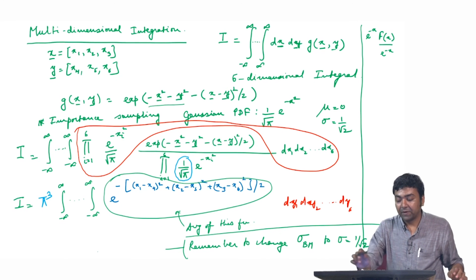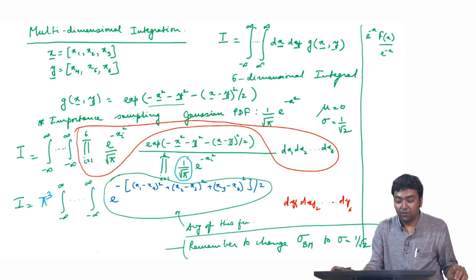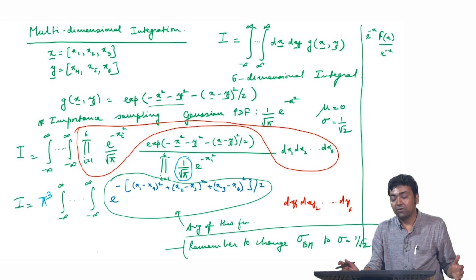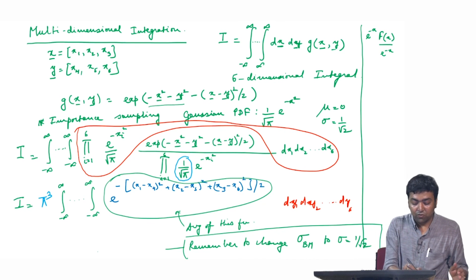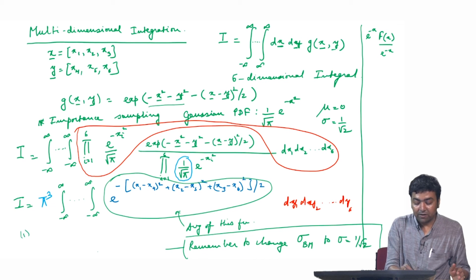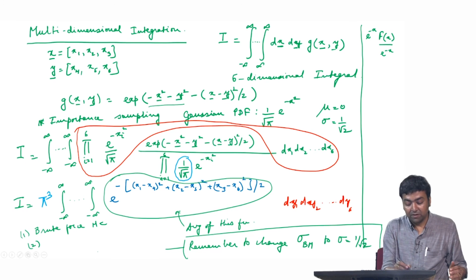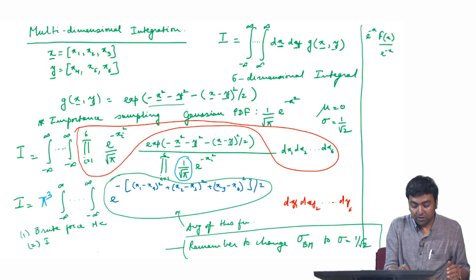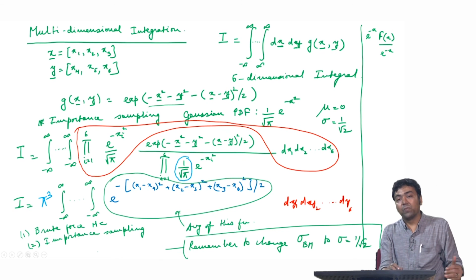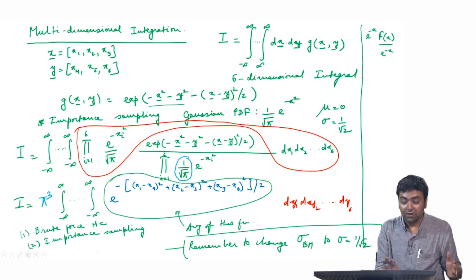What I expect is that you write a code of your own and find out the value of the integral. You can do two things. You can write the code with brute force Monte Carlo, and then write another code with importance sampling, that is the way we have discussed here, and compare how quickly you reach the same level of accuracy.